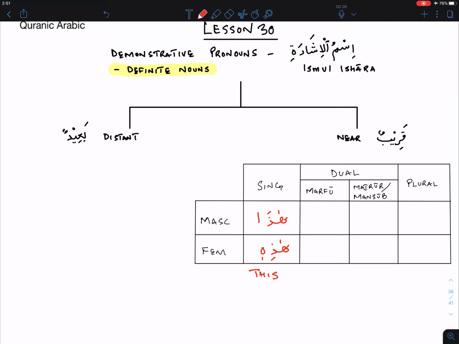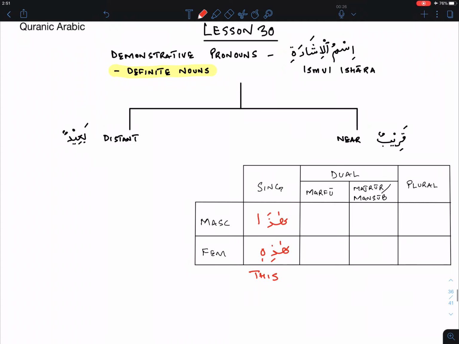And then in the dual case, there are two. You're familiar with the influenced and the uninfluenced condition. The uninfluenced, generally we're saying, is marfu, and the influenced will be majroor and mansub. You can just remember that. I'm going to use more and more marfu, majroor, and mansub terminology, because that's the standard, and all of you should be familiar by now through the various lessons, inshallah.